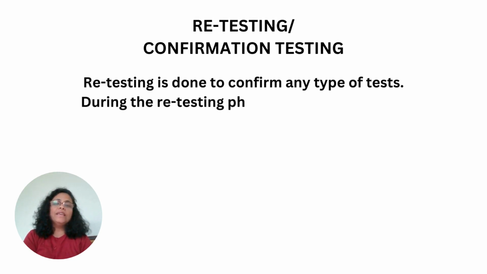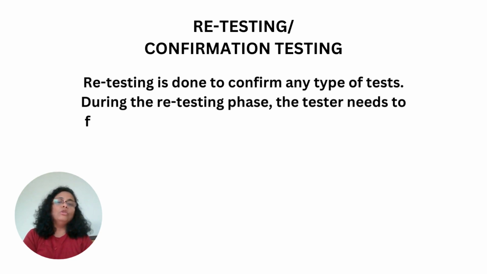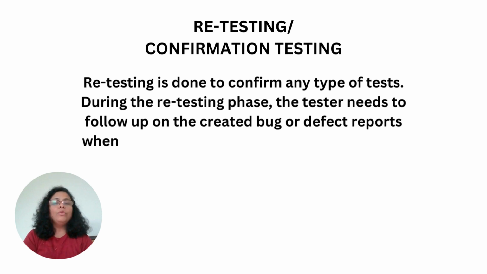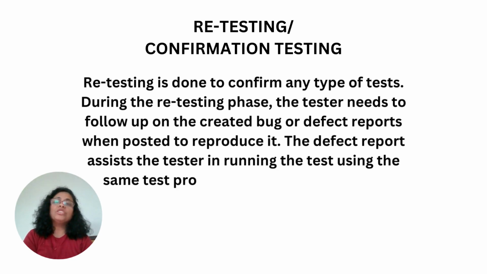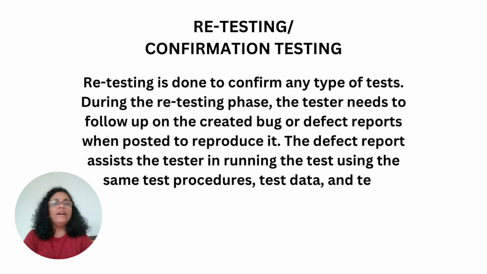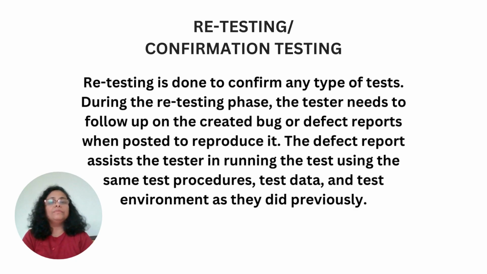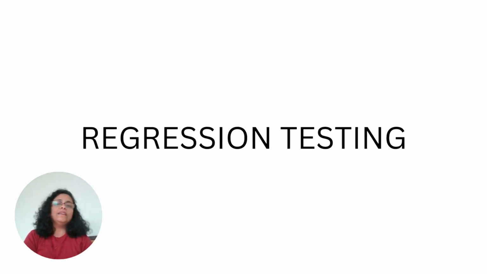During the retesting phase, the tester needs to follow up on the created bug or defect reports when posted to reproduce it. The defect report assists the tester in running the test using the same test procedures, test data, and test environment as they did previously.